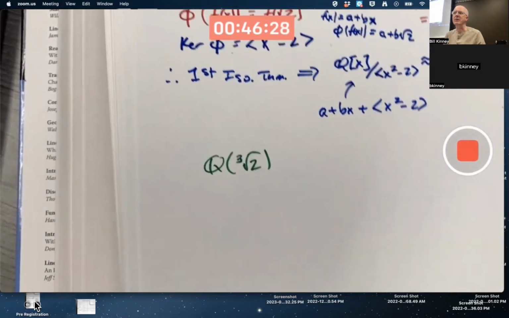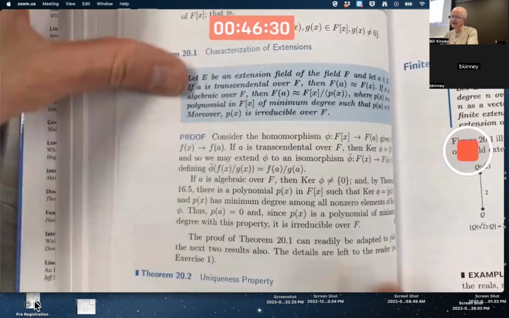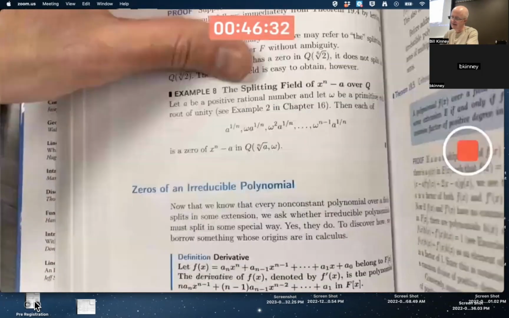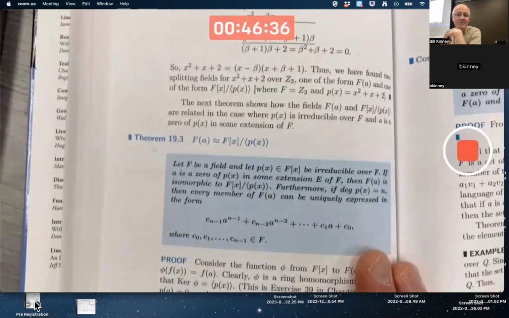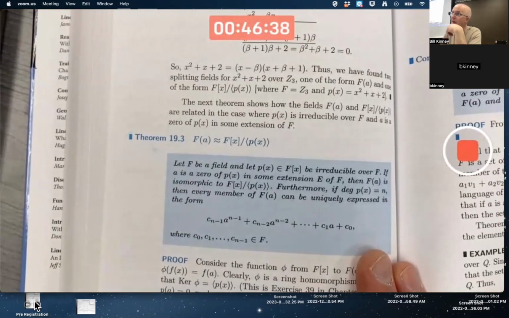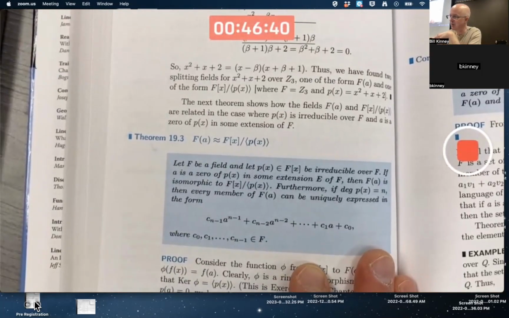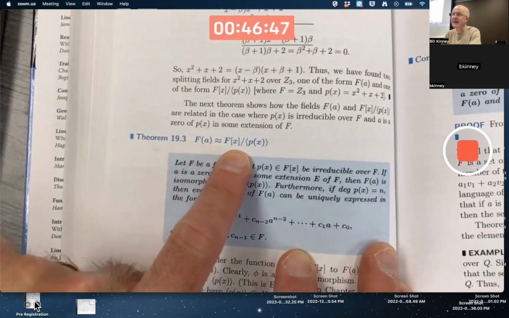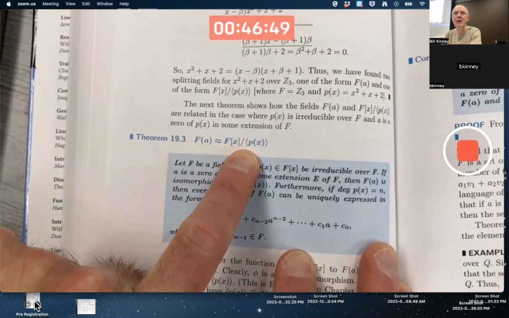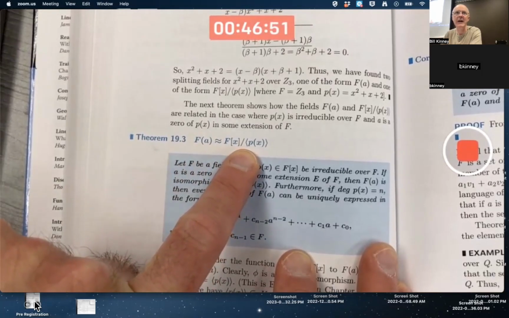Let's go back to a theorem in a previous chapter. This is a key theorem. And effectively, the other theorem in chapter 20 is very similar to this in some ways, effectively saying the same kind of thing there, though it's not mentioning algebraic numbers yet.